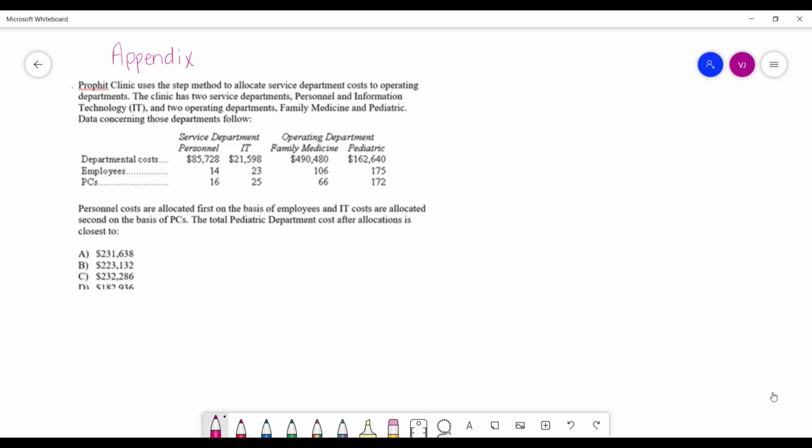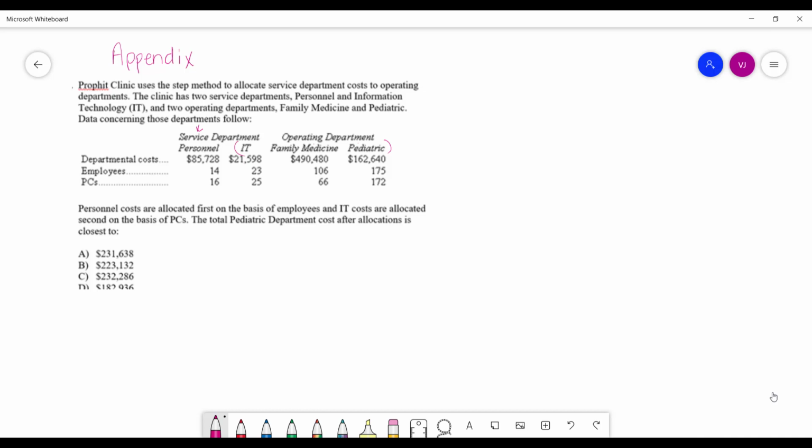So we want to still allocate all of that 85,728 personnel cost to the operating departments and all of the IT costs. But the difference with this method is when you hit that first service department, instead of taking that 85,728 and dumping it into the two operating departments right away, you're first going to dump it into all three remaining departments: IT, family medicine, and pediatric.